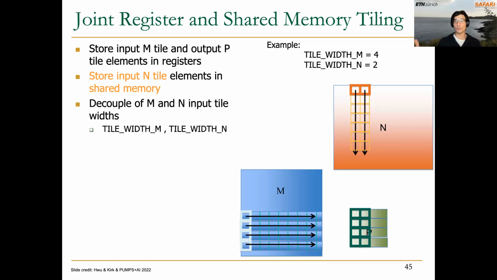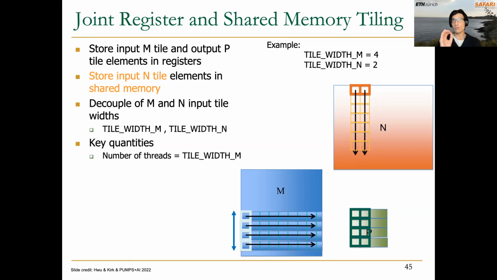As you see, we now decouple M and N. The input tile widths of M and N don't need to be the same size. And in our example, they are different, 4 and 2. And there are some key quantities here. The number of threads that we are going to use in this example is tile width M. So it's actually 4, even though the output tile is 4x2.